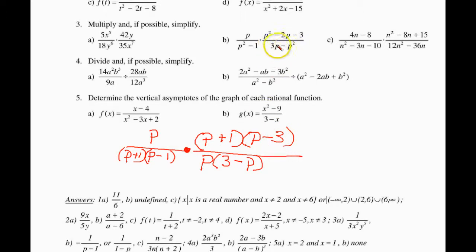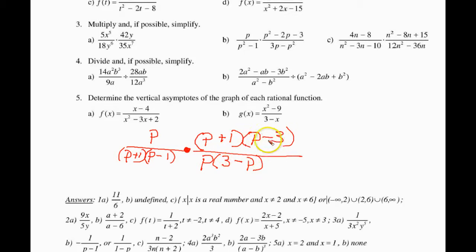And my bottom here, I'm factoring out a p. And notice what I have here. I have a p that's positive and a 3 that's negative. And here I have a 3 that's positive and a p that's negative. I'd like this and this to be the same.